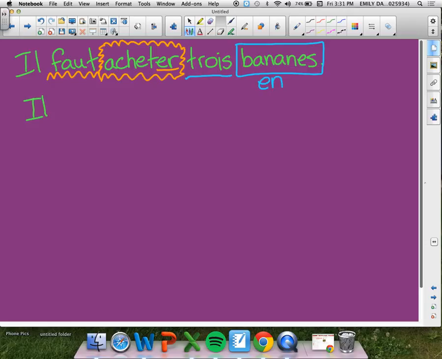So I'm going to rewrite this sentence by writing il faut en acheter 3. So that means he must buy 3 of them, and the en being the of them.